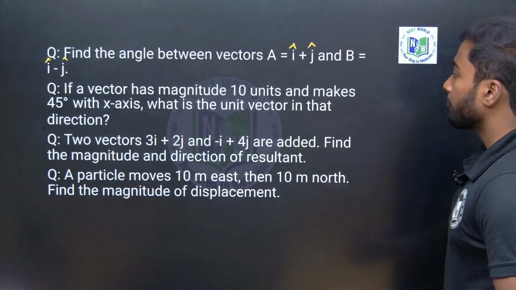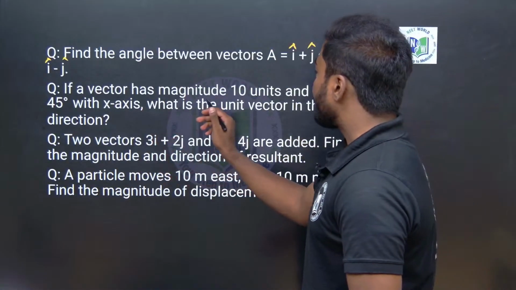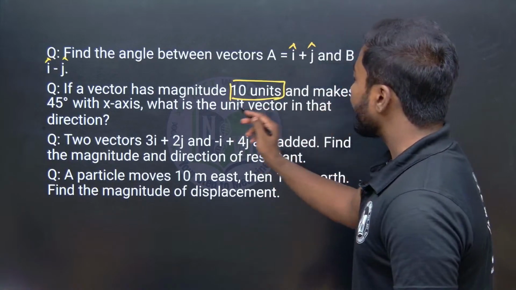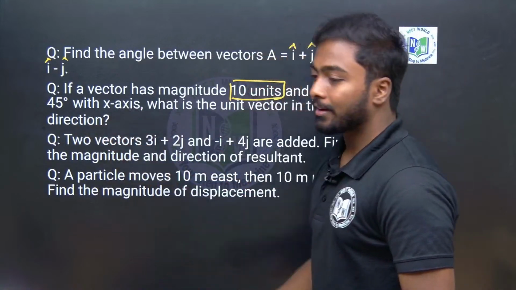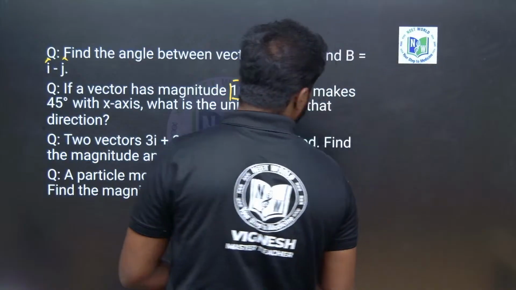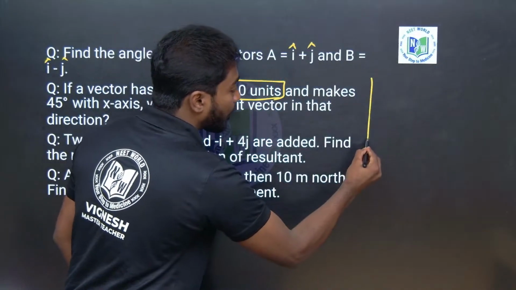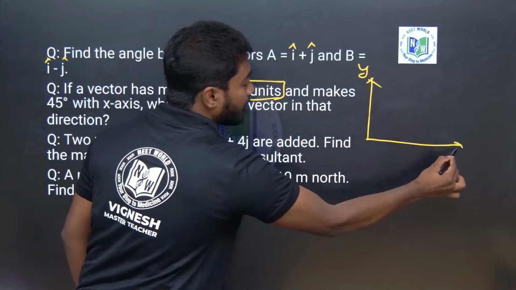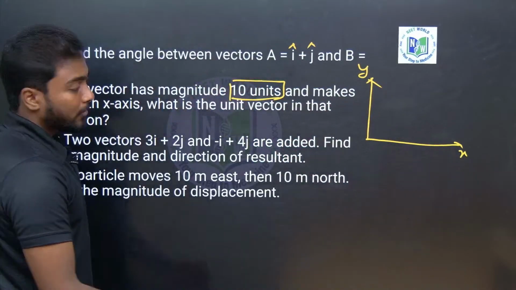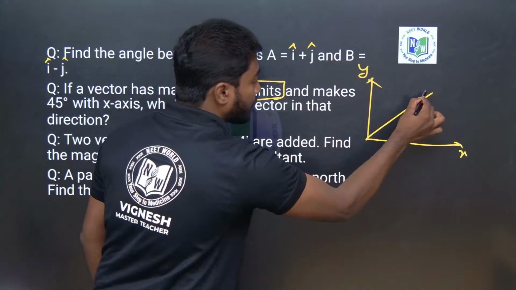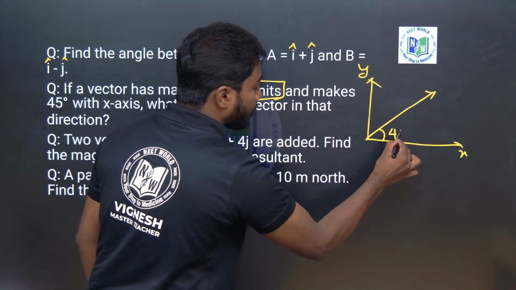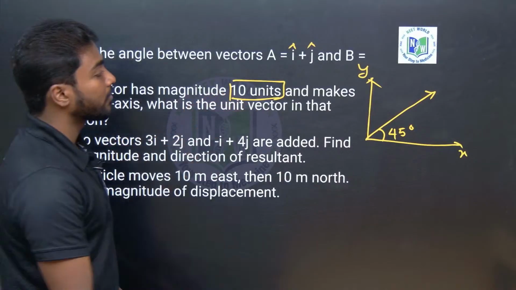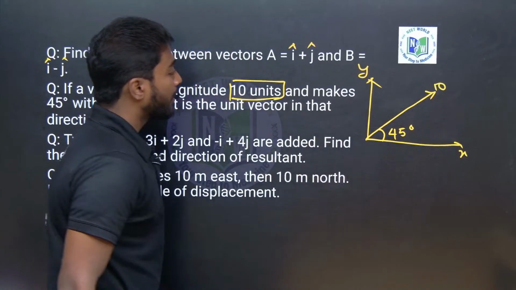The next question: if a vector has a magnitude 10 units and makes 45 degree with x axis. Here they are saying it is making 45 degree with the x axis. This is the y axis and this is the x axis, making 45 degree, and the magnitude is 10.